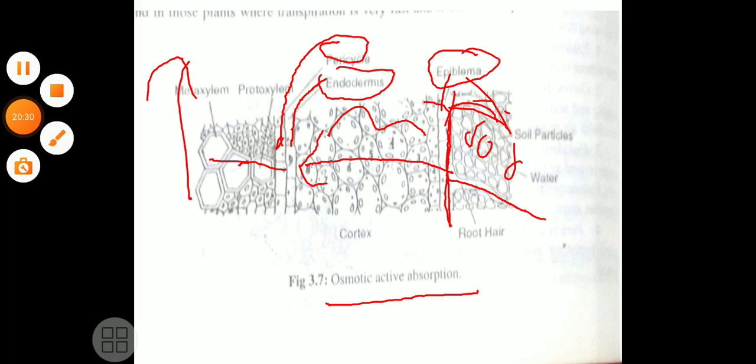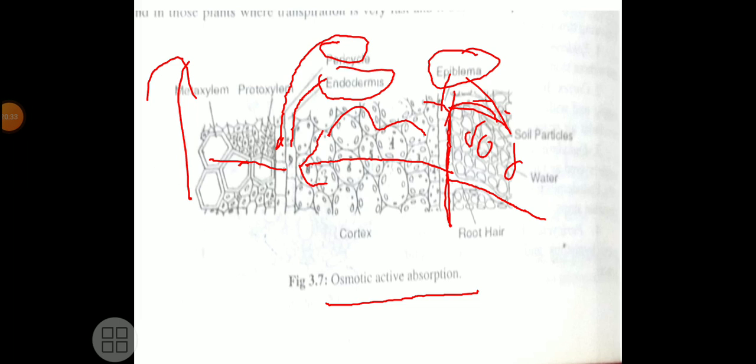I think I have explained a lot about the absorption of water, the structures of the plant parts involved, and I have shown sketches. Once again, the pathway of water absorption: first water comes into the root hair, then the epidermis, then the various successive cortex cells, then the endodermis, then the pericycle, and then finally the xylem cells, and the xylem vessels are responsible for the upward movement of the absorbed water through the root hair cell.